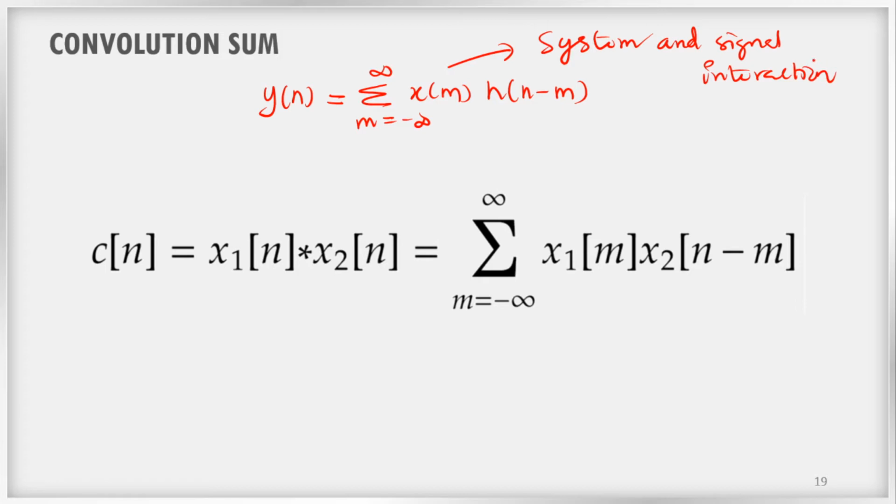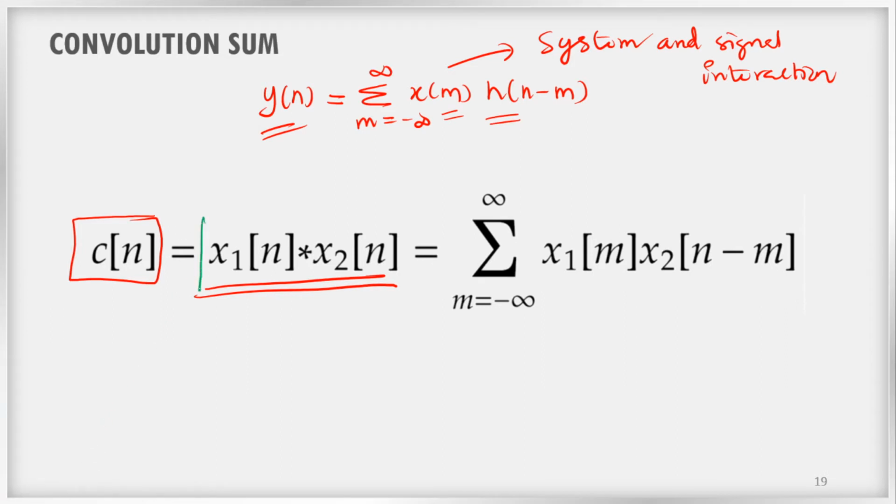But mathematicians have taken this to the next level and generalized it. They don't have any y of n, any impulse response, or any input signal, nothing like that. They will say c of n, the convolved output of any two signals, right?